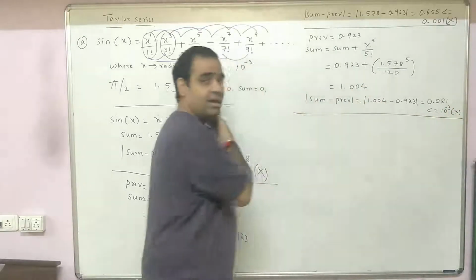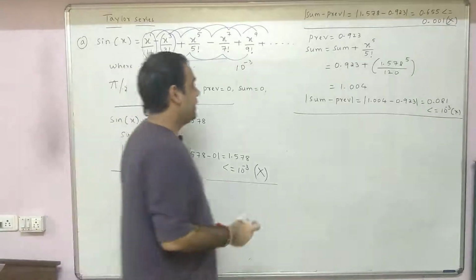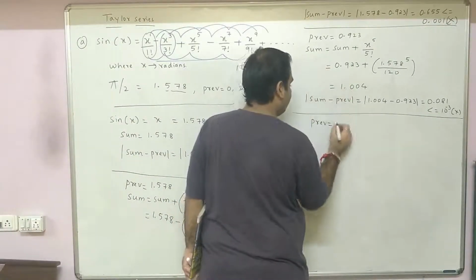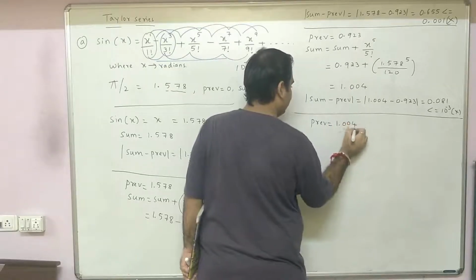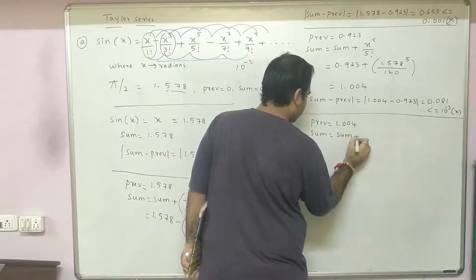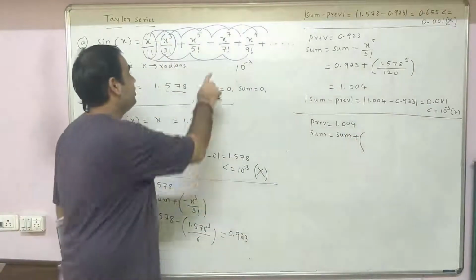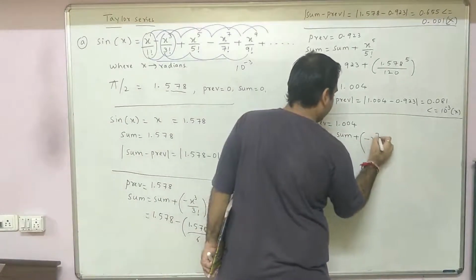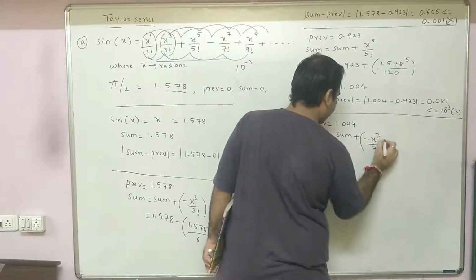No. Therefore, we continue with the next step. We say previous equal to sum, which is 1.004, and sum is equal to sum plus the next term of the series: minus x to the power 7 divided by 7 factorial.